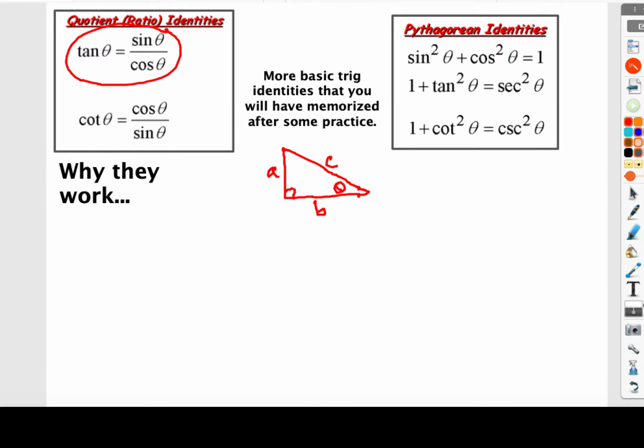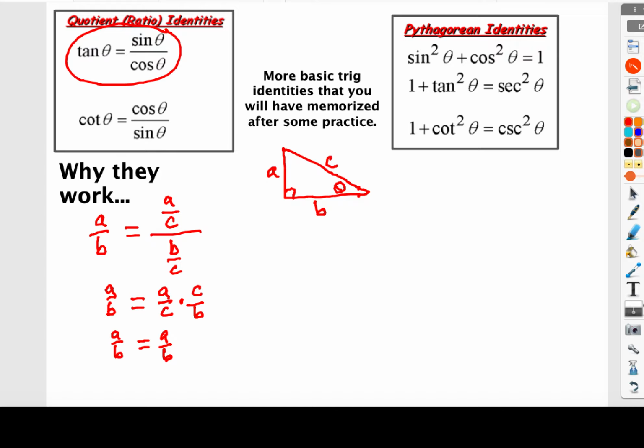We're saying that the tangent of theta, that would be A over B for us, would be equal to the sine, so A over C, divided by the cosine, B over C. And we simply know, using some basic fractions, if you take the bottom and multiply by the reciprocal, we'll cancel those C's, and basically A over B, the tangent equals A over B. So again, the sine over cosine on the right ended up equal to the tangent on the left.